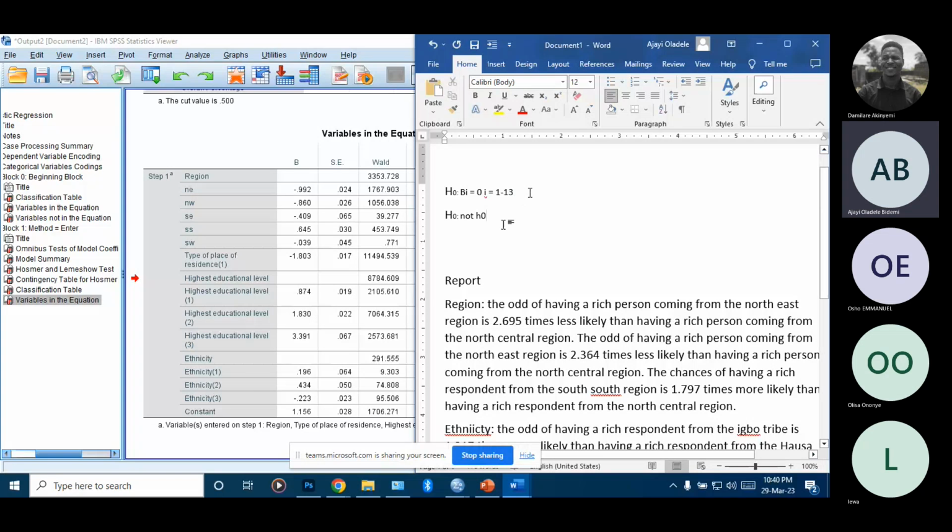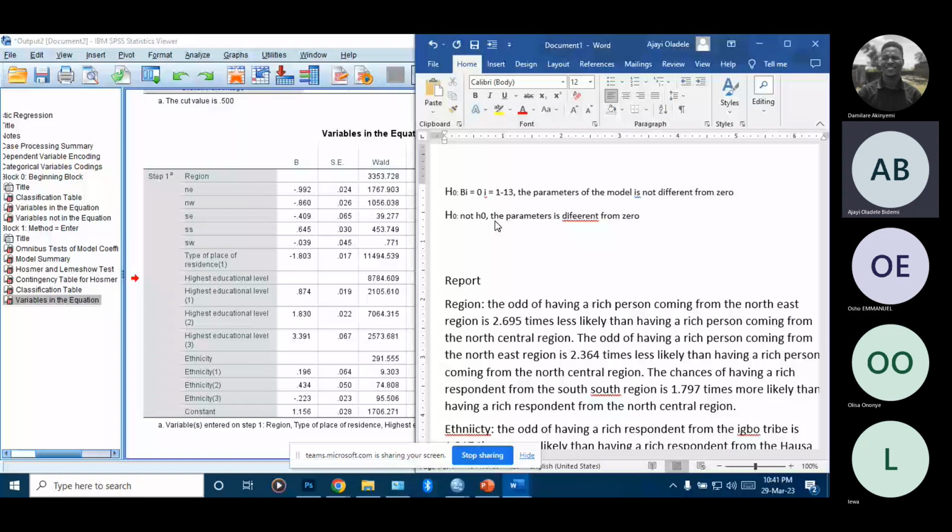So what this implies is that for H naught, the parameters of the model are not different from 0, and for H1, the parameters are different from 0.